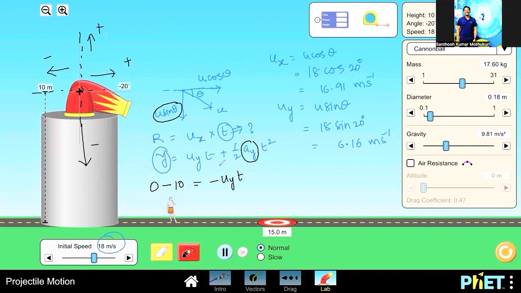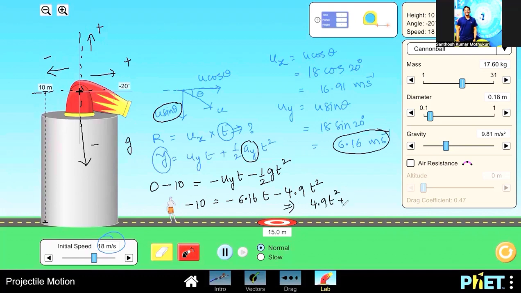Again, acceleration along the y direction is g, also acting downward, so minus half g t squared. Now when you substitute, negative 10 is equal to negative uy, which we already calculated as 6.16, times the unknown time, minus 1 by 2 g, approximately 4.9, t squared. So we get a quadratic equation: 4.9 t squared plus 6.16 t minus 10 is equal to 0.